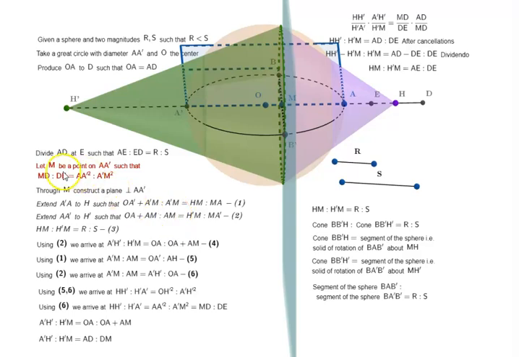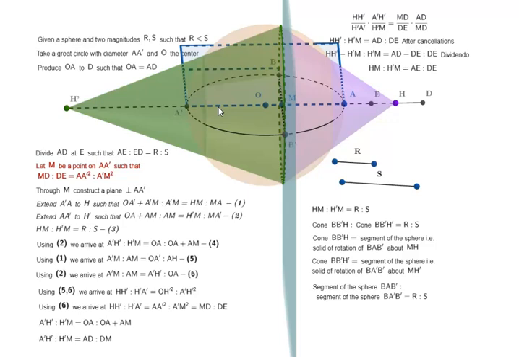Okay. So what we have to do here at this point is to find a point M such that MD is to DE is equal to A prime square is to this square. Now what Archimedes did was he explained the context, but actually didn't go into explaining the various steps involved, which he promised he will do later. But then he never got around to explaining it.